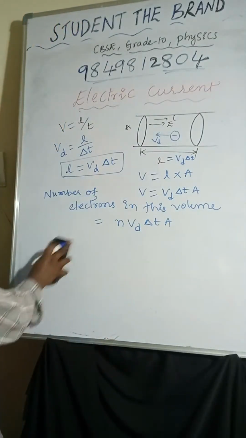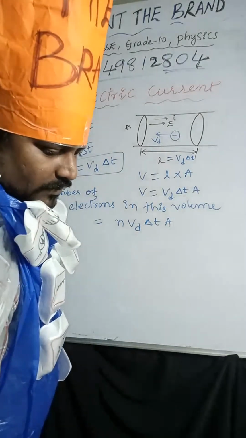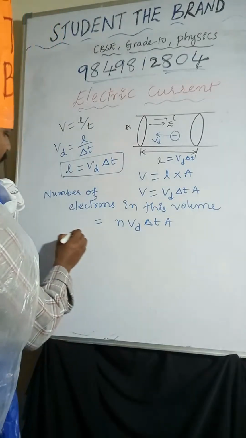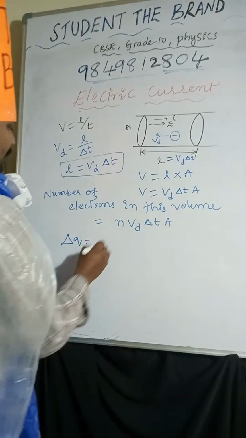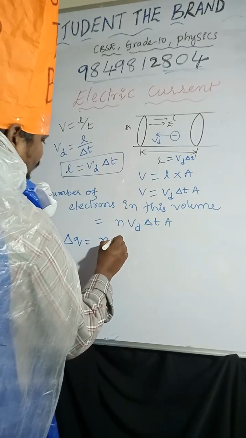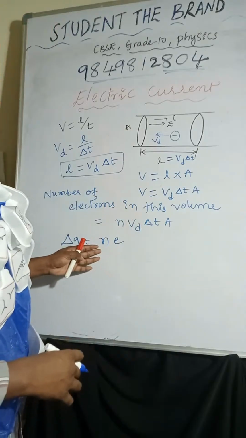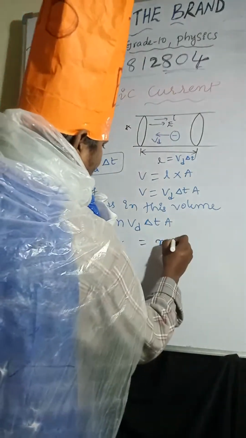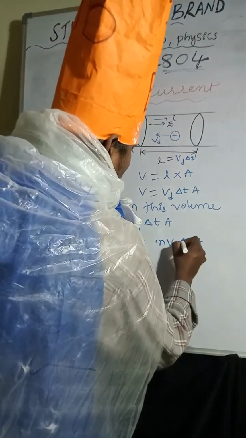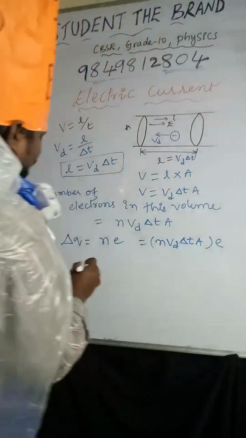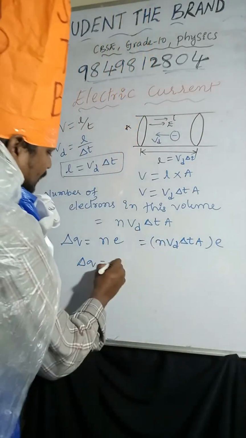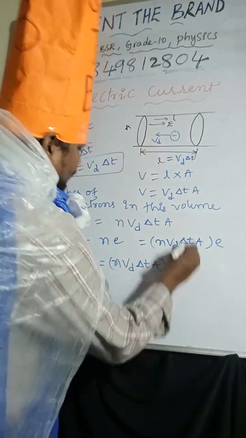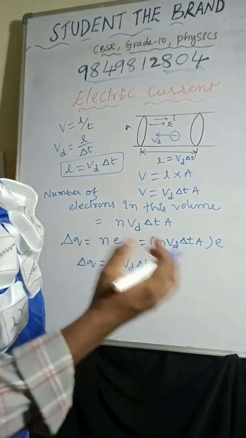Delta Q equal to N into E, where N is the number of electrons, that is N into Vd into delta T into A, into E. So delta Q equal to N Vd delta T into A into E. Now, what is current?